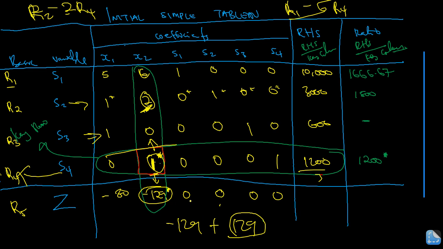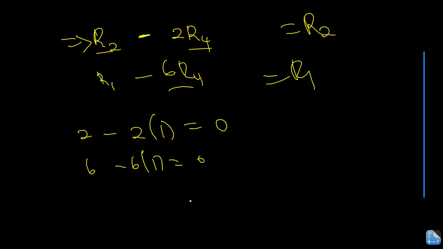Therefore the formula for this one will be R4, is it R4 or R5? Yes, R5 plus 129 R4. This is how we make it a 0.